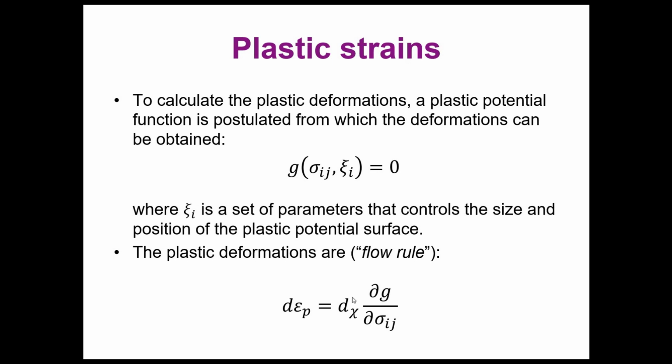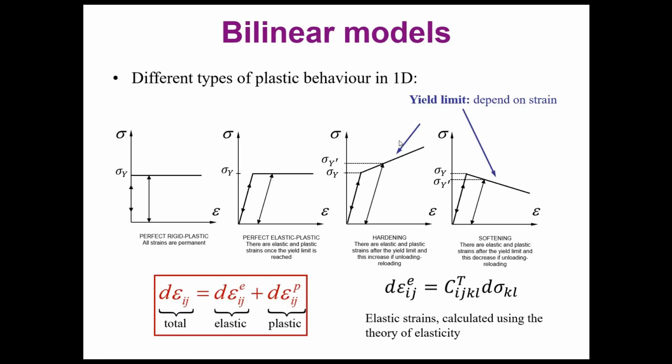But in any case, the equation you use to derive the value and the direction of the plastic strains is the one that I'm showing you here. So for a generic three-dimensional problem, we have defined the yield surface and the plastic potential to be able to calculate the values and directions of the plastic strains.